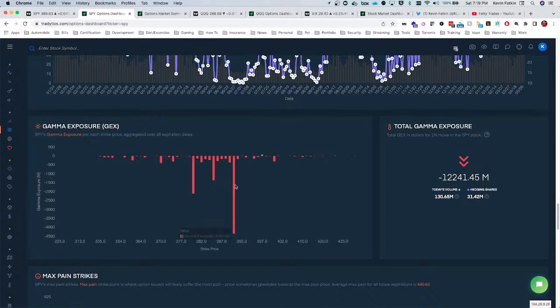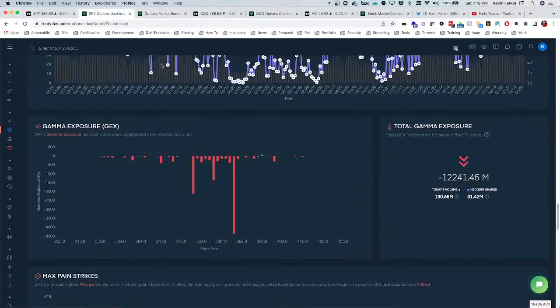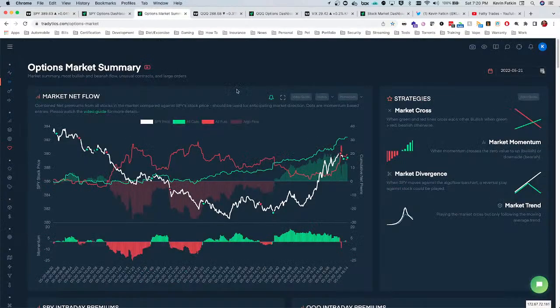And I kid you not, when the market was dropping on Friday, and we saw this move happening, 380 was a big gamma level, and it was not as big as 390, and 390 kept getting bigger, and it just gave me a really strong suspicion that we were going to close at 390.